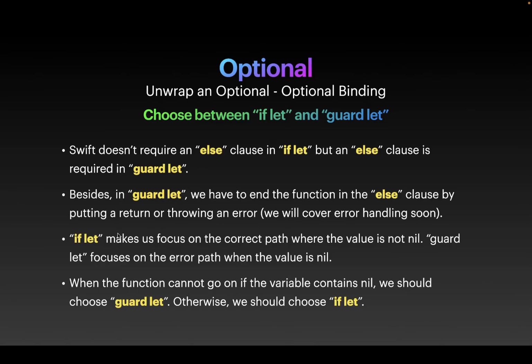If let makes us focus on the correct path, which means if there is some valid data, it lets us focus on that path, how to deal with valid data inside this optional. And guard let lets us focus on the error path. So when we use guard let, if there is nothing inside this optional, how do we handle the error?